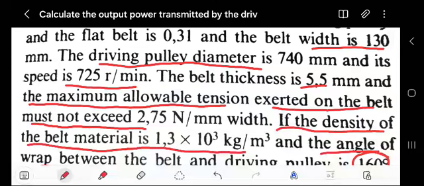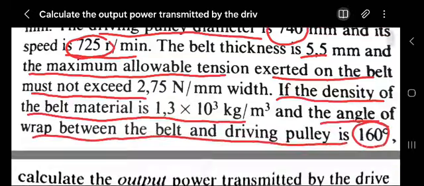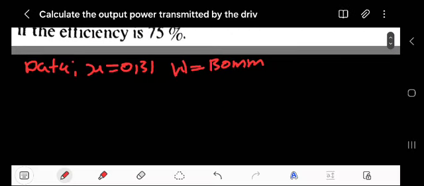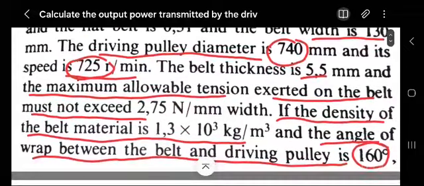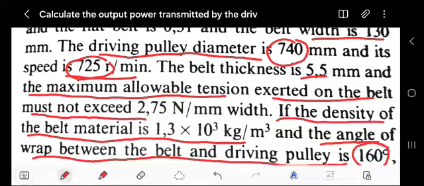The diameter of the pulley is 740, and the speed is 725 revolutions per minute. Then the thickness is 5.5 and the allowable tension is 2.75 newton per meter.